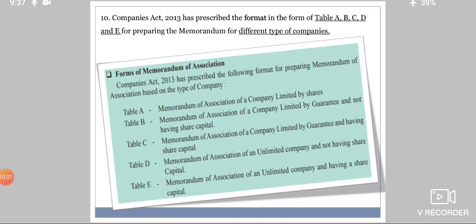Now these tables are there for different types of companies. Table A is the memorandum of association of a company limited by shares. Table B is the memorandum of association of a company limited by guarantee. So there are different types of companies, and accordingly the company is supposed to prepare its memorandum of association.